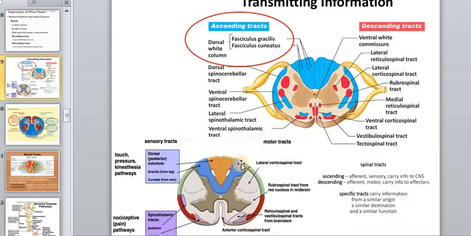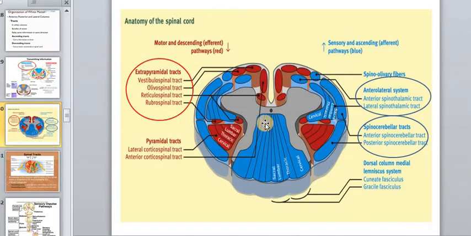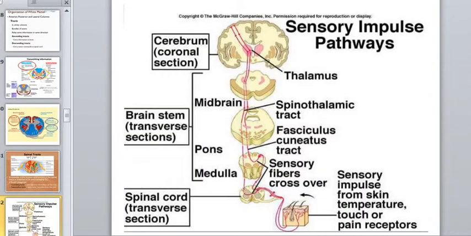Here we see the one place of the anterior corticospinal tract, and here we see in the upper part of the picture. So when the tract changes the site, this is called the contralateral tract.